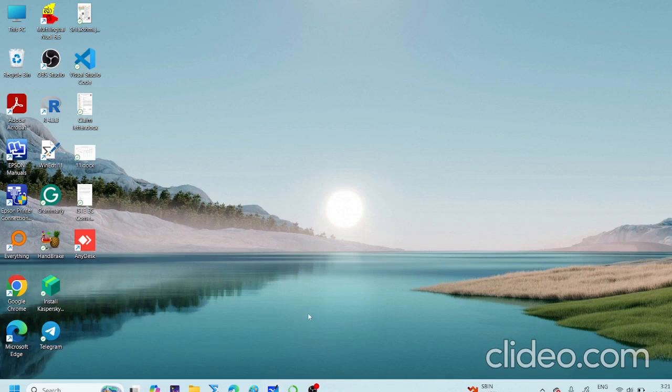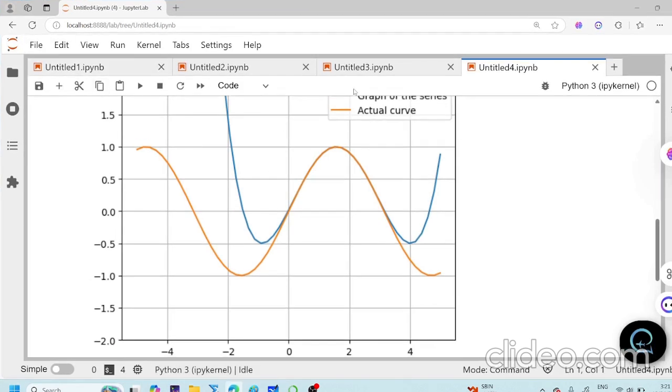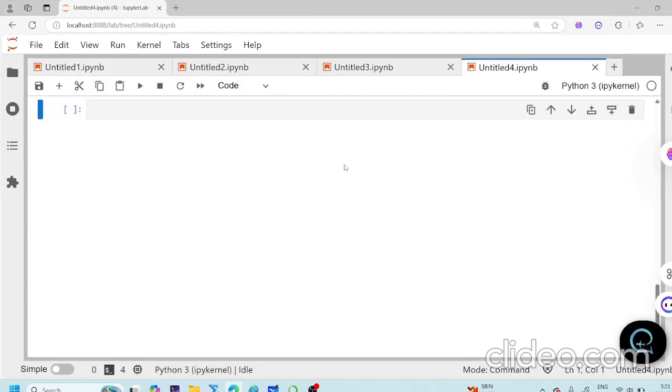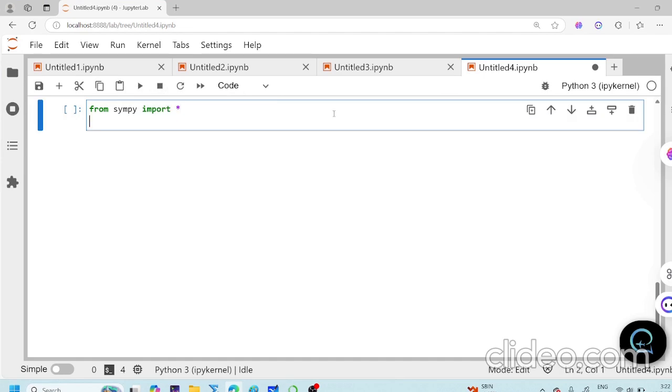Let me take a new cell. Since I am using symbols, I'll write from sympy import star. I think only this library function is enough for our discussion. If we find the need of any other library function, later we can add it, no issue.